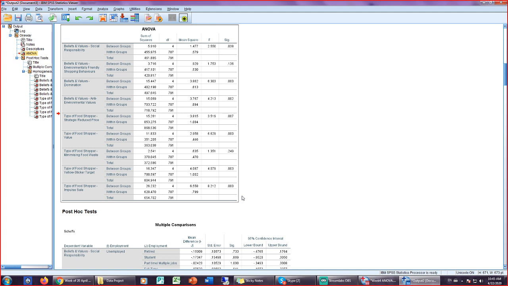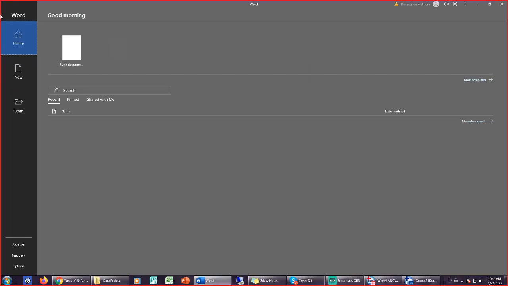Now, if your hypothesis is that you expect to see significant differences between people based on their employment status, this is great news. It means already that your two hypotheses were mostly supported. So if we go back, and I'll open that up again, sorry.